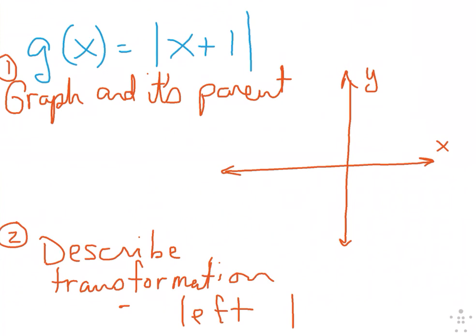The original parent, the one that I gave you at the beginning, looks like the V right here. Now, you remember when I told you about the whole Word document as far as dragging it over? You told me to go left 1. If I grab this right here and go over left 1 and then drop it, shouldn't it look like the same thing just in a new position? Like this chair.